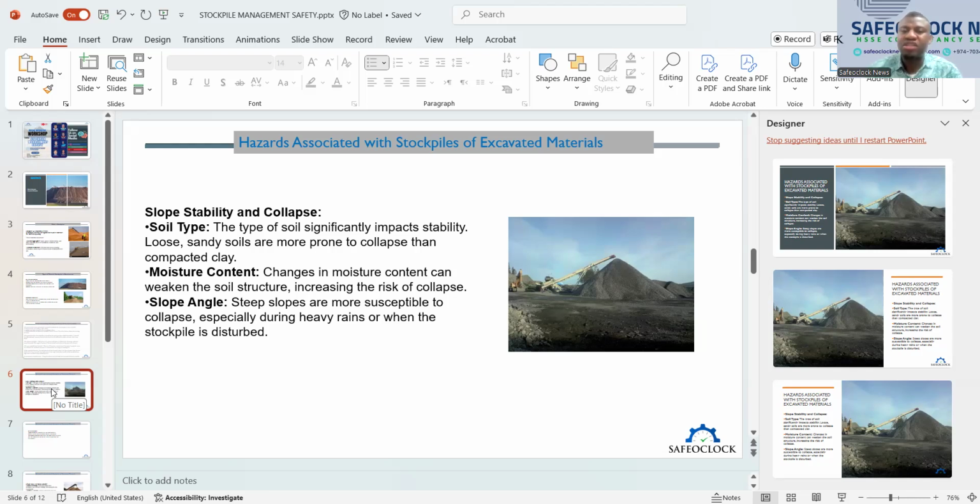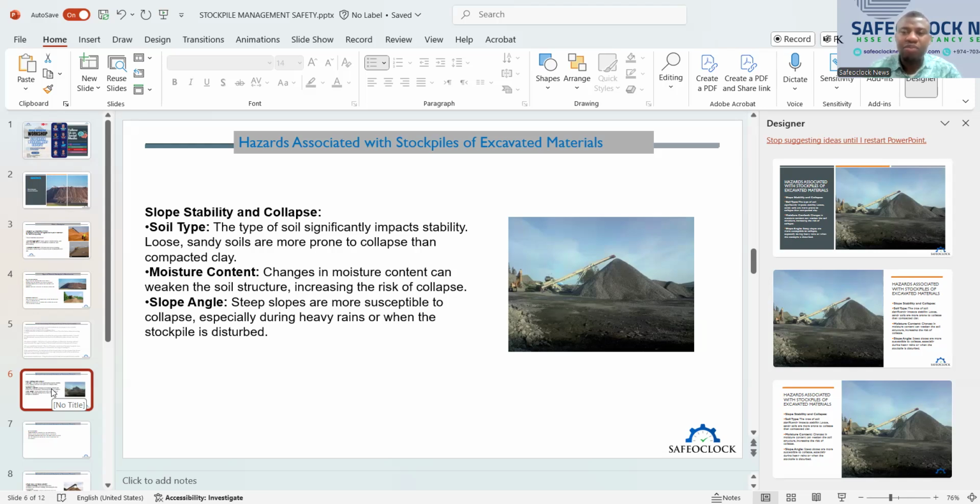Another hazard associated with this is slope angle. If you have to stockpile these materials to a greater height, then you need to maintain proper sloping. This proper sloping will help to ensure that the materials cannot easily collapse.